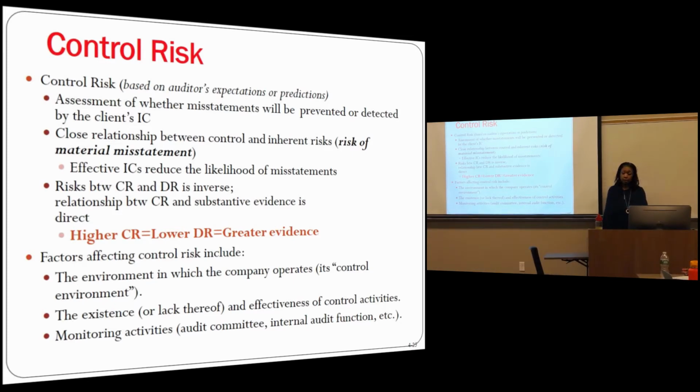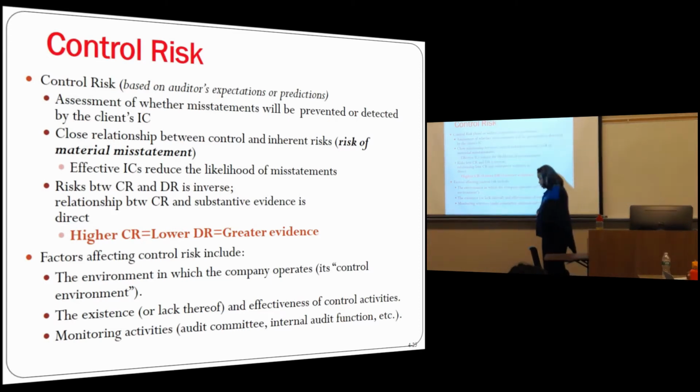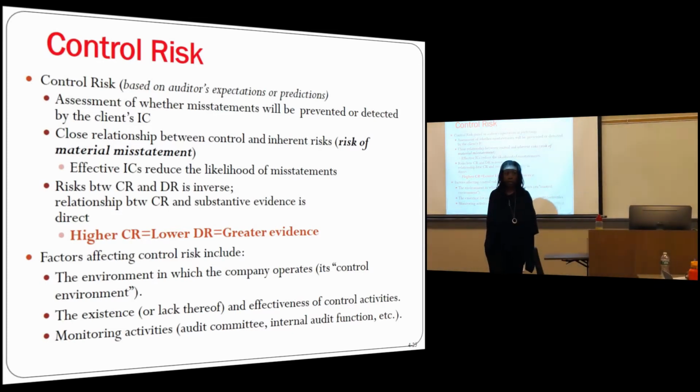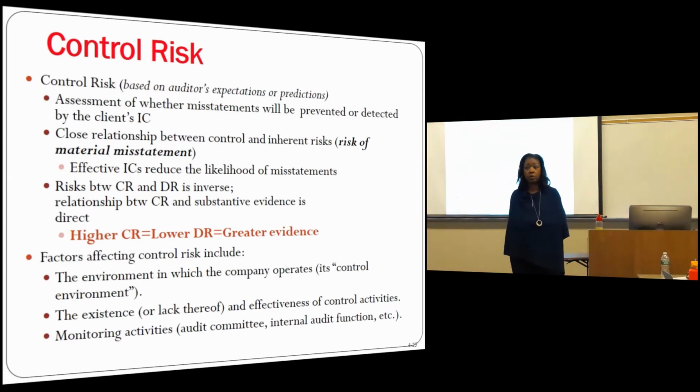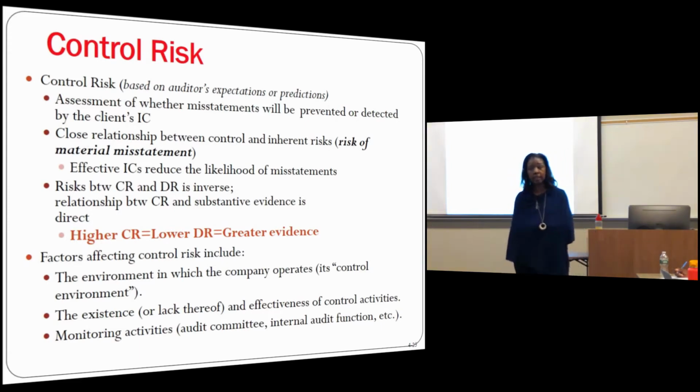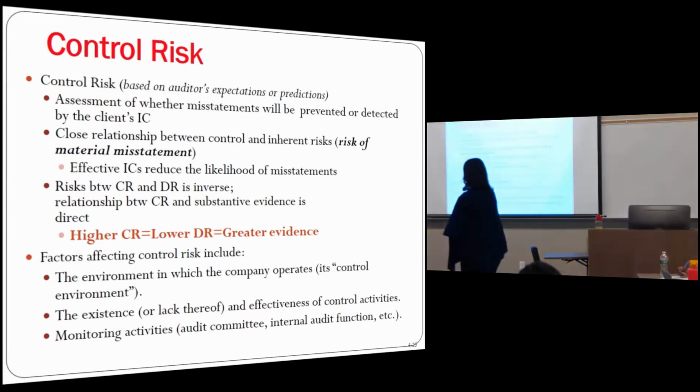So the relationship between control risk, the auditor's assessment of control risk, and detection risk, again, is inverse. If there's higher control risk, that increases the risk of material misstatement. And in order for the auditor to lower their risk that they won't catch the material misstatement, they're going to want a lower detection risk, and they're going to gather greater evidence.